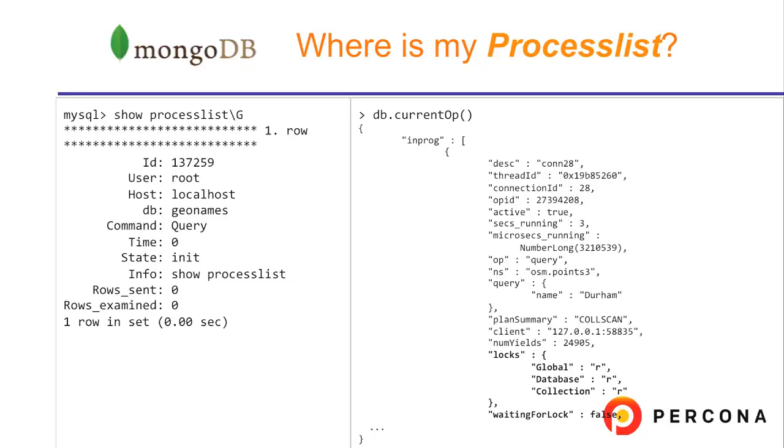In Percona Server, we have rows sent, rows examined, but here you have all the locks, like global lock acquired, database level lock acquired, collection level lock acquired, waiting for lock. So this is actually significantly better than the MySQL process list.